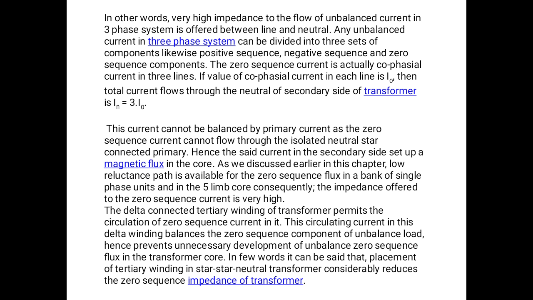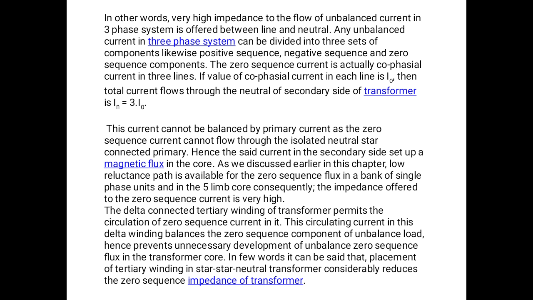Consequently, the impedance offered to the zero sequence current is very high. Similarly, the delta connected tertiary winding of the transformer permits the circulation of zero sequence current in it. This circulating current in the delta winding balances the zero sequence component of unbalanced load. Hence, it prevents unnecessary development of unbalanced zero sequence flux in the transformer core.